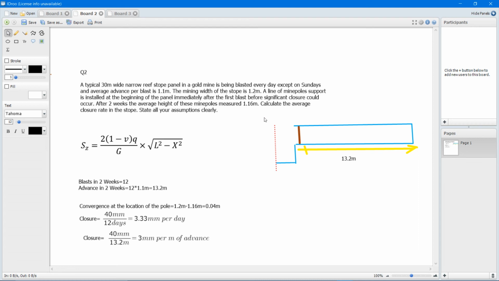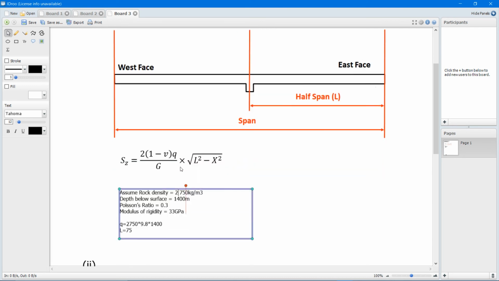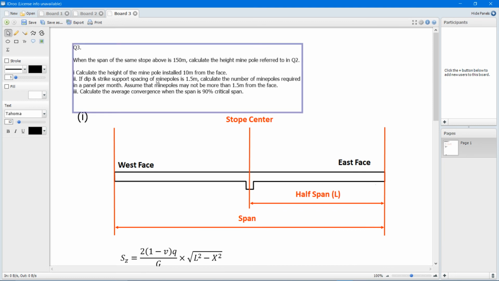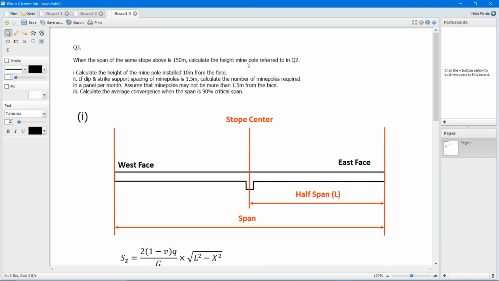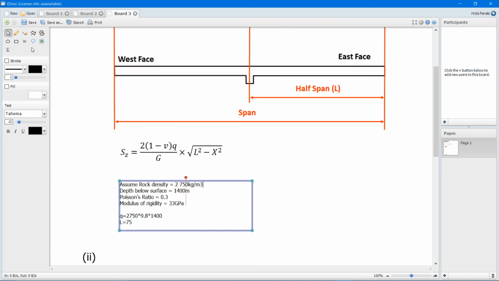Now, what you do have is a closure rate. Now, knowing your closure rate, you could make a good assumption that using my closure rate, the height or the convergence that has happened due to advance has changed accordingly.